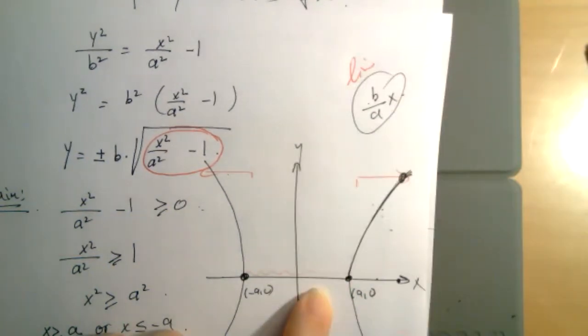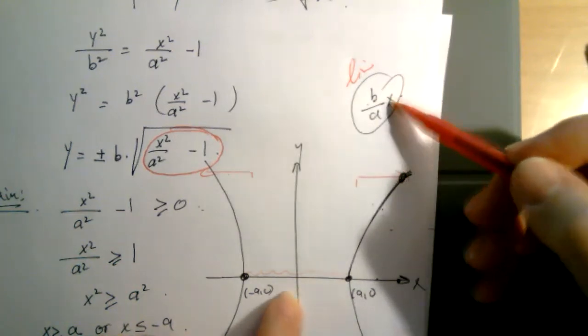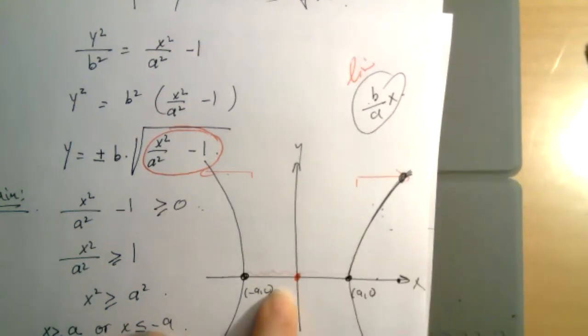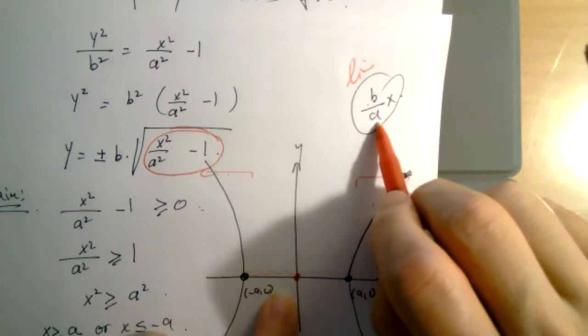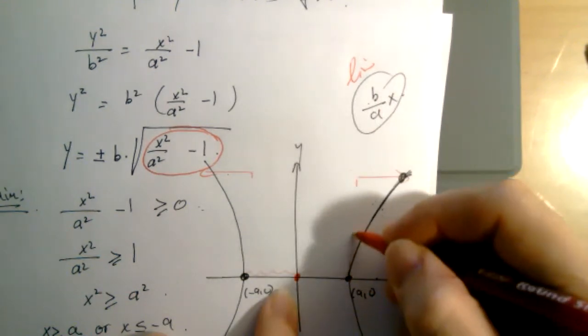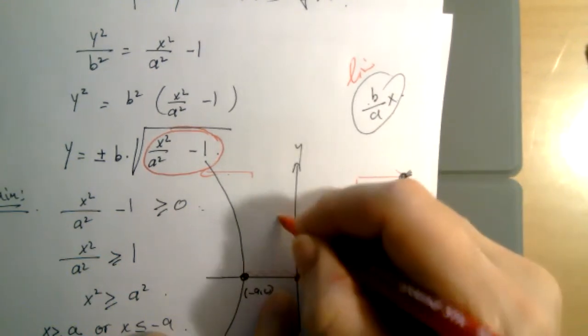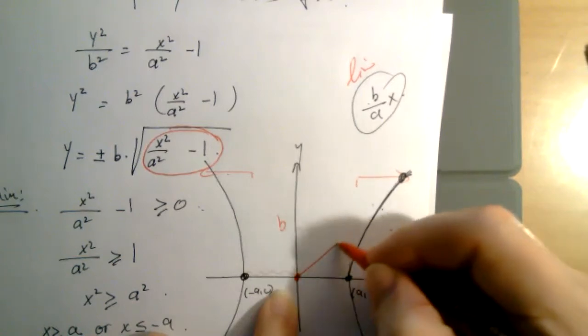If x is 0, the line goes through the origin. If x is a, the line is b.